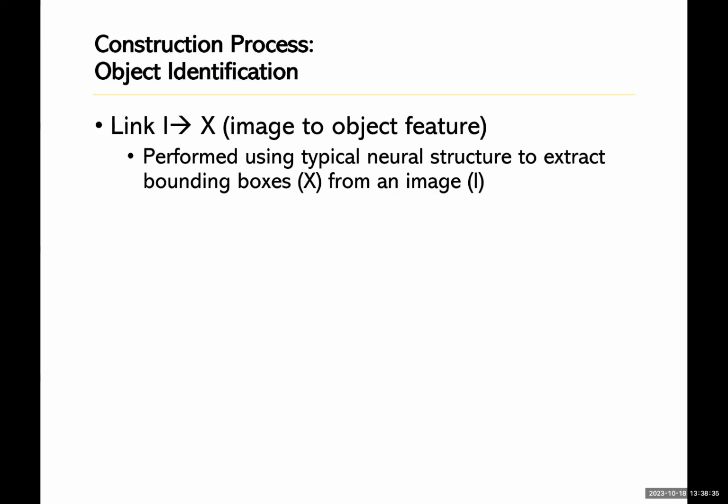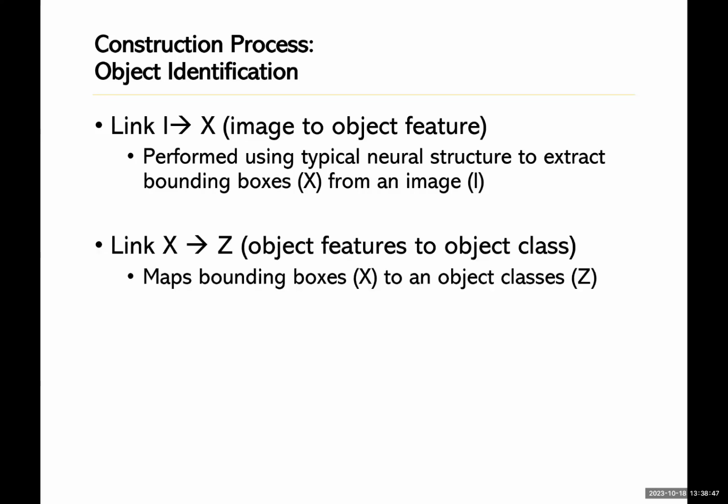So this is simply applying something like a CNN to the image and getting a bunch of features from one of the top layers of the CNN. The next is going from the feature, from the bounding box to the object class. And so this is actually giving a class label to the objects like car or tree.